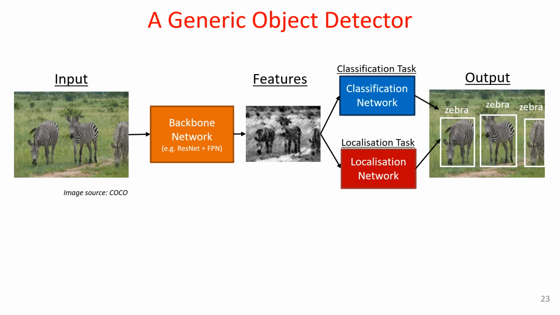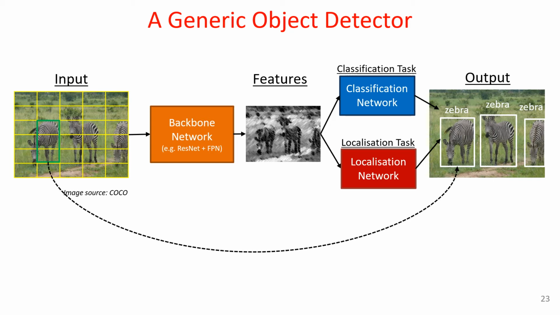of the objects. In order to capture all objects in different locations, scales, and aspect ratios, the image is divided into sub-regions which are called object hypotheses, or anchors in general. If an anchor overlaps with a ground truth box significantly, then we expect the classification network to classify it with the label of the object and the localization network to map the anchor onto the bounding box of the object.